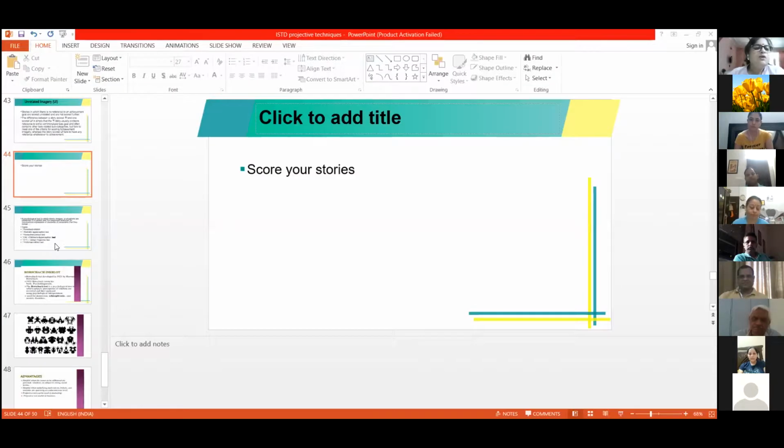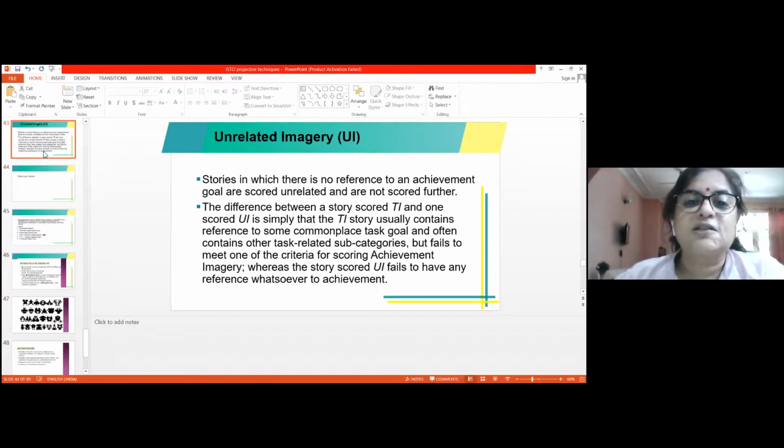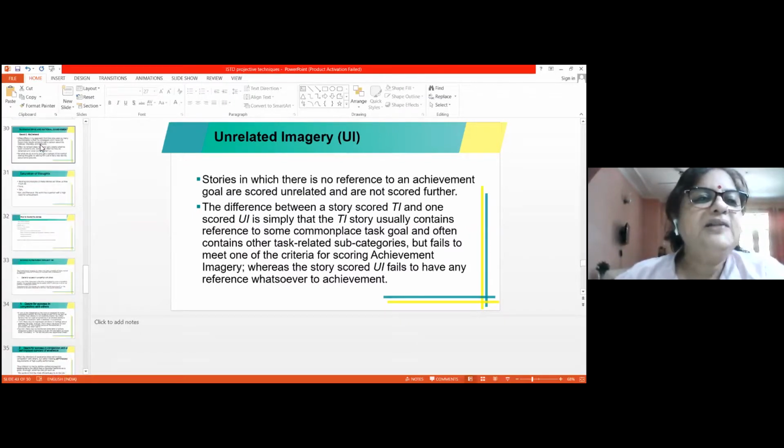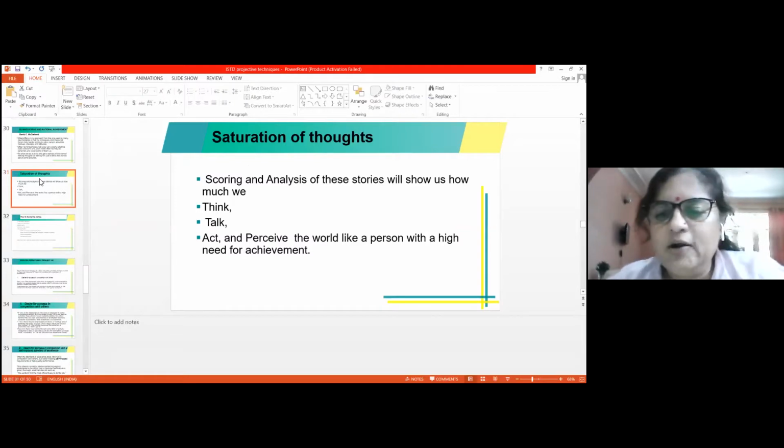So this will show you the saturation of the thoughts that the person has to think, talk, act, and perceive the world as a person with a high need for achievement.